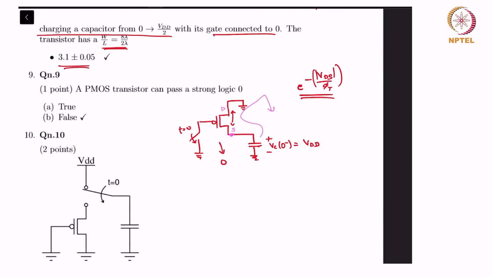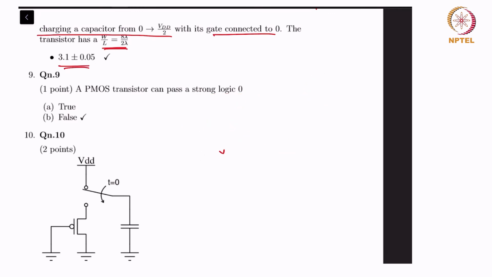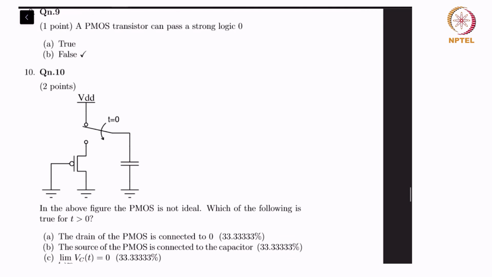So yes, a PMOS does not pass a strong logic 0 by any interpretation of that statement. So that was question 9. So of course the answer is false.